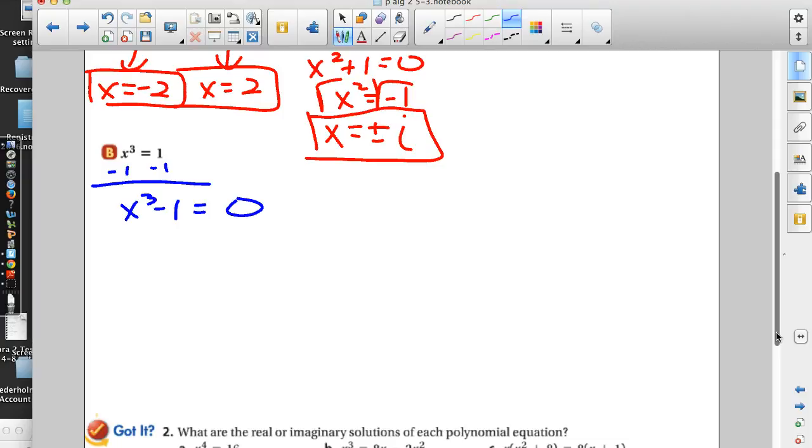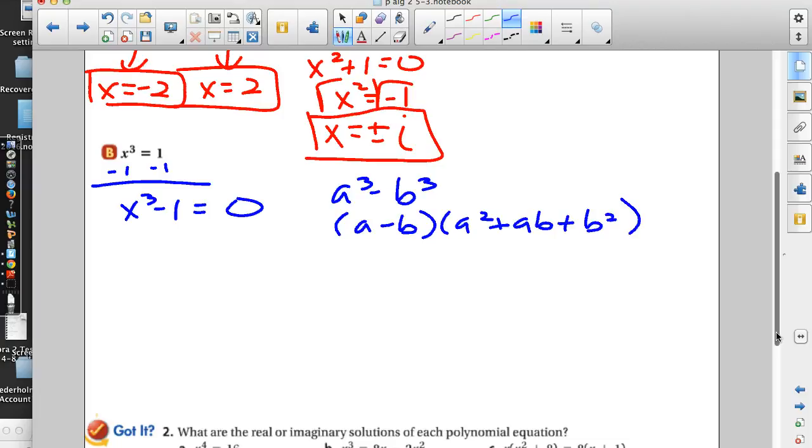So this one, we have to use the formula for a cubed minus b cubed, or we're going to miss some zeros, because all we would find is the first zero, and we'd be missing two more. So this will be x minus 1 times x squared plus x plus 1 equals 0. First zero, nice and easy.